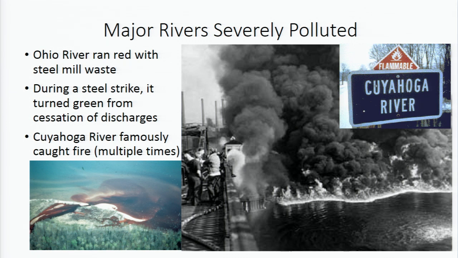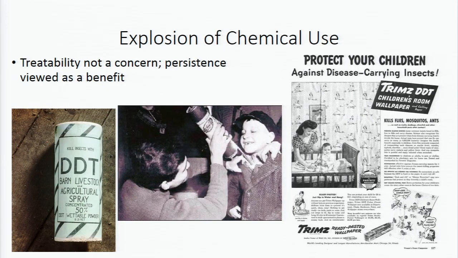It caught fire several times because there was so much oil floating on the surface. I was on that river, I think in about '69, and there were lots of bays where you could not see the surface of the water. It was just oil. And so that was kind of the story of surface waters that occurred.